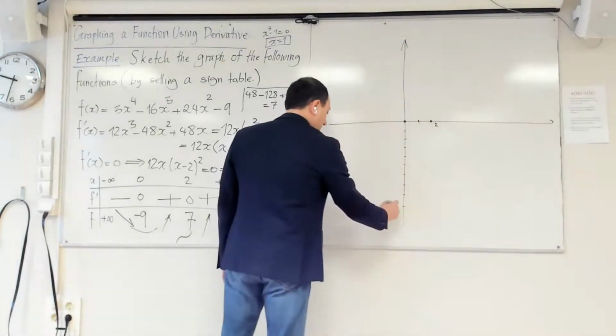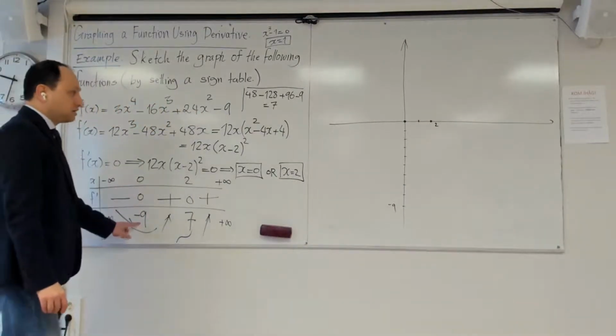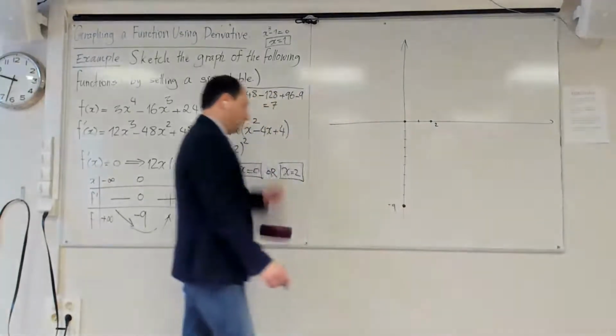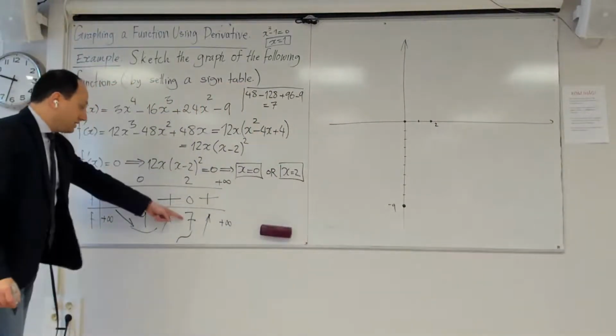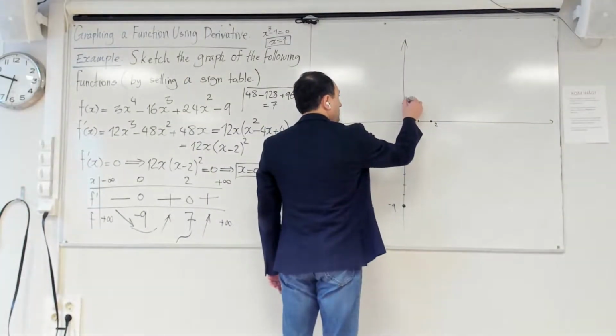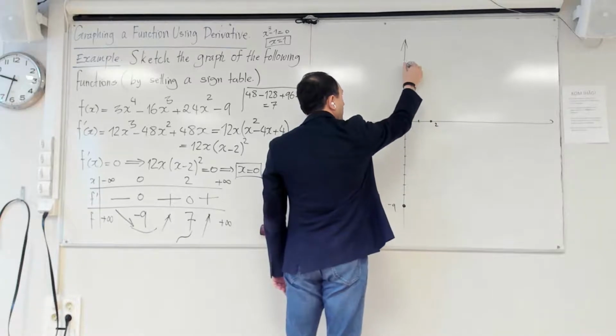So this is -9. And then 0 and -9, exactly, is this point. And then 2 and 7. So 1, 2, 3, 4, 5, 6, and 7.